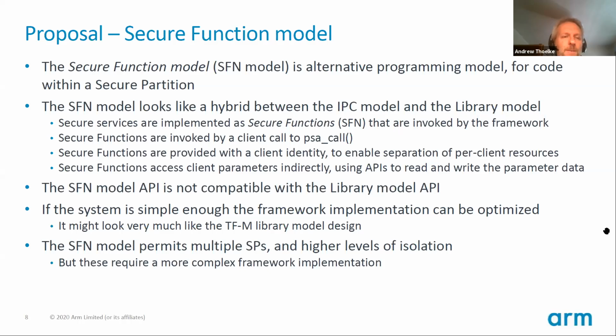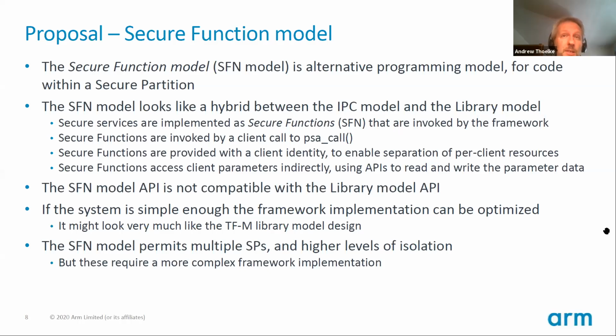So in the secure function model, you would still have a manifest for a secure partition. We're not throwing away secure partitions. The partition would say, I'm using the secure function model. And what that does is that there wouldn't be an entry point which we expect the partition to take control of. We might keep an entry point for initialization, but we'd expect that to return.